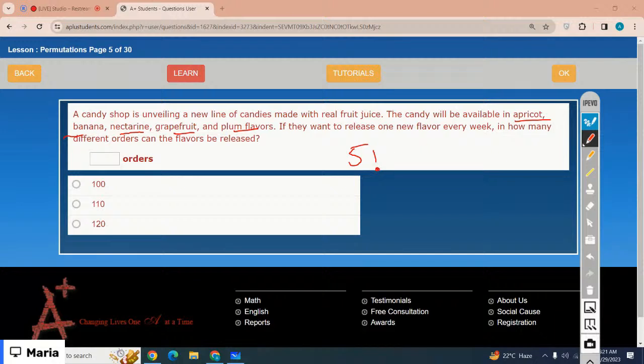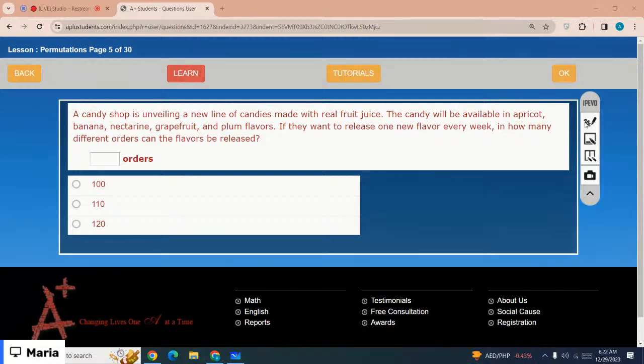That means you need to calculate 5 factorial. So the correct option is 120.